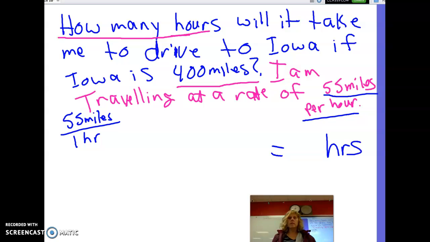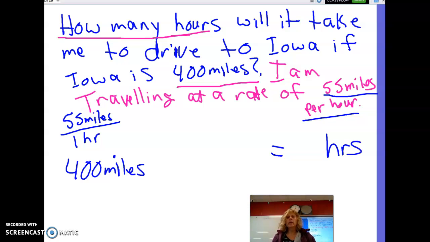And then the only piece of data I'm given is I'm going 400 miles. So I'm starting with 400 miles.